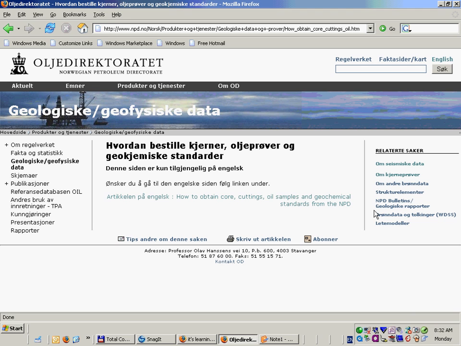I got lots of nice pictures. Here you see there happens to actually be an article in English on how to obtain pieces of rock like that. Core cuttings, you all know what cuttings are because you had a drilling course, right? When they drill, they use this big metal bit with diamonds rotating, and it crushes the rock into small pieces.